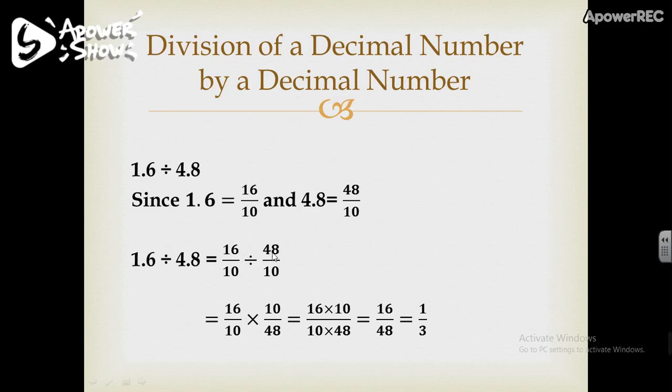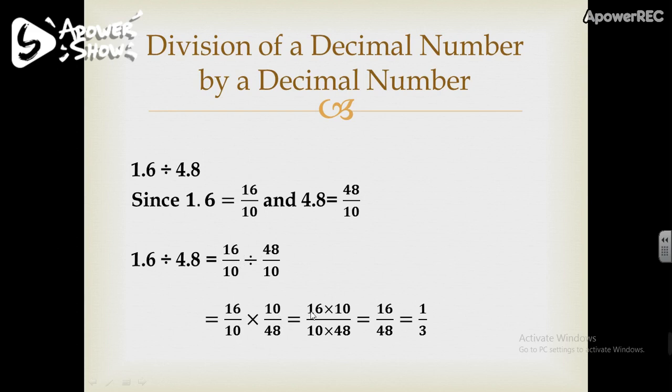So first of all we have to find out the reciprocal of 48 by 10. So the reciprocal of 48 by 10 is 10 by 48. So I am going to multiply 16 by 10 by its reciprocal. So 16 by 10 multiplied by 10 by 48 equals numerator by numerator, denominator by denominator.